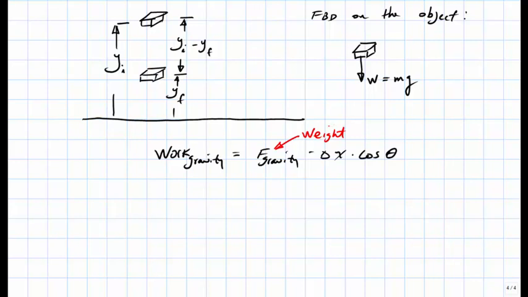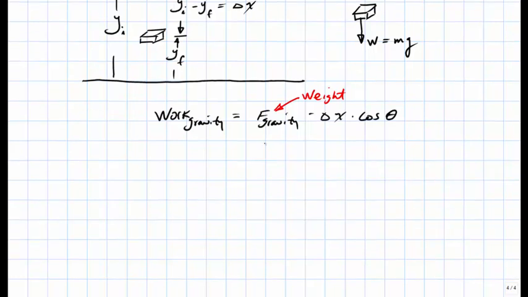And in this case, the displacement is just y initial minus y final. We can note that this equals delta x. This is the distance that the block has traveled under the effect of gravity. It started at y initial, ended up at y final. That is a representation of the displacement.